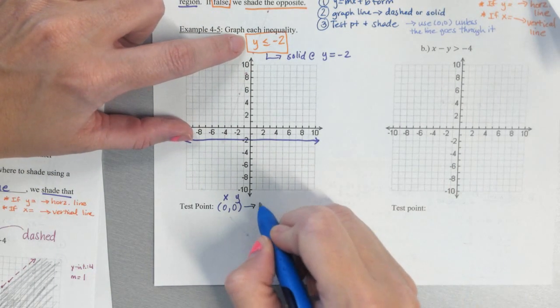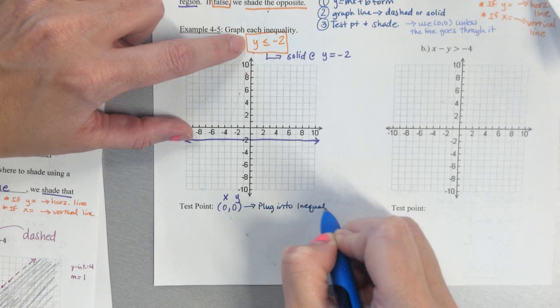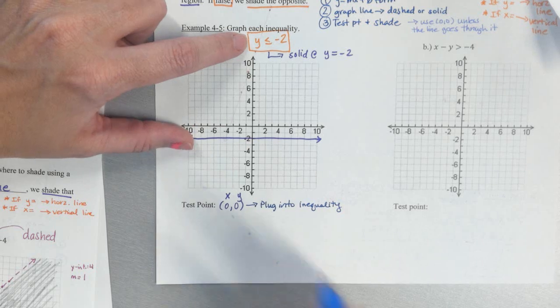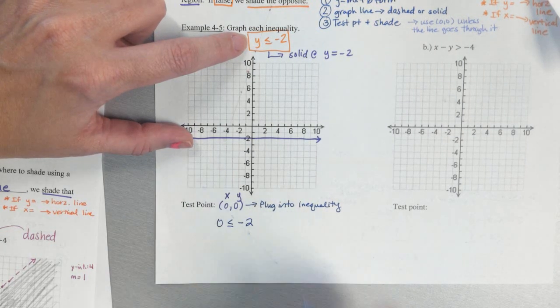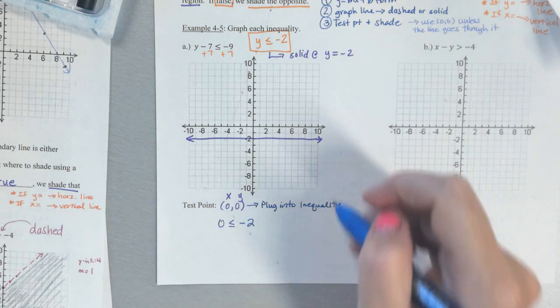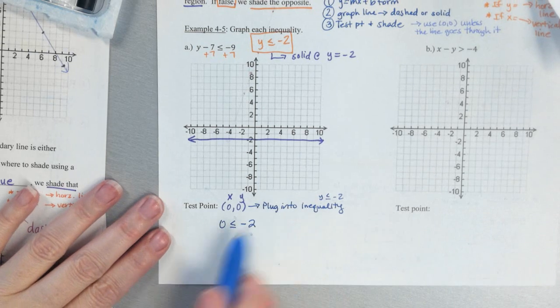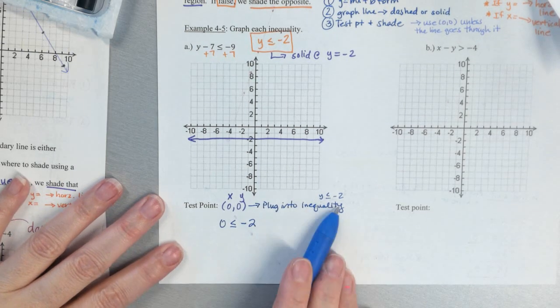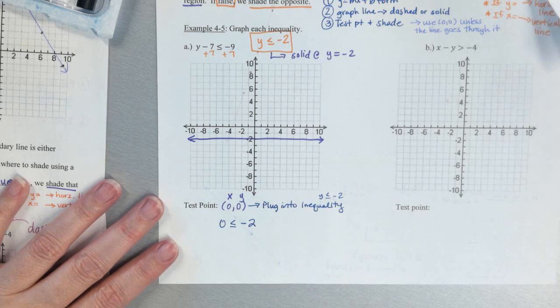Okay, so you're going to plug this into your inequality. So 0 is less than or equal to negative 2. Sorry, I guess I should put this is what we're plugging it into. So instead of y, I have 0. Negative 2 stays the same because I don't have anything else to plug into. It's okay. This one doesn't have an x, so you don't have to plug it in.